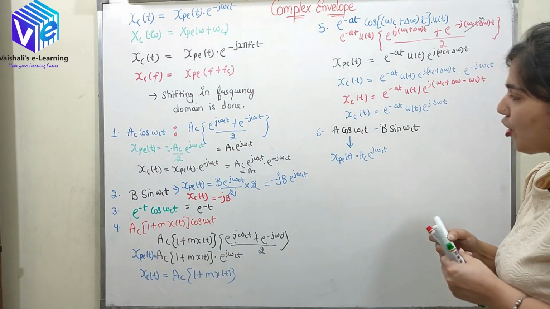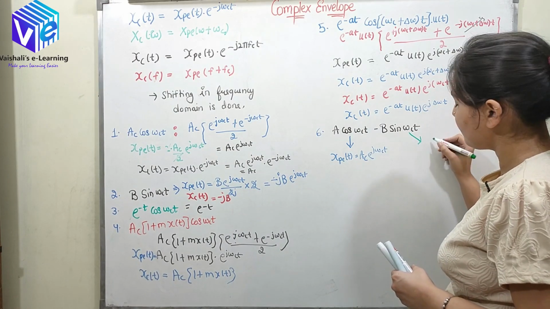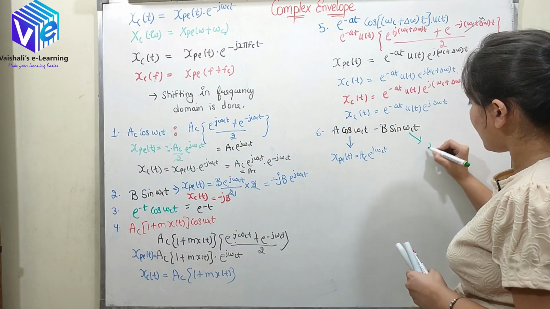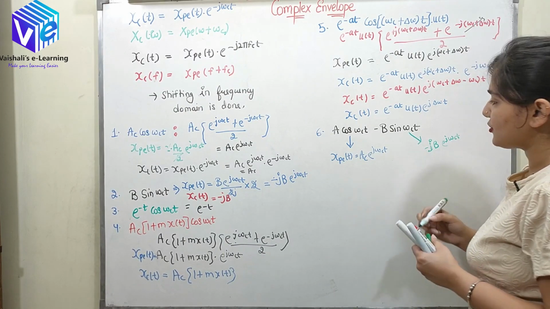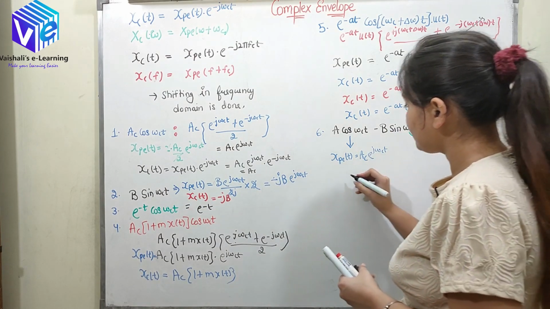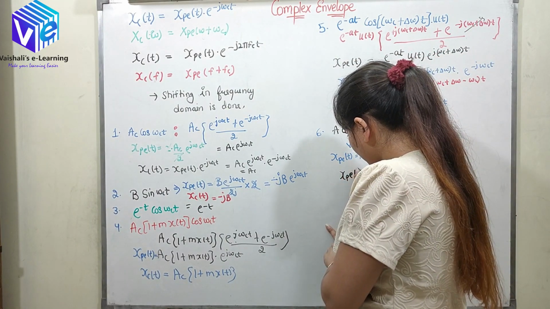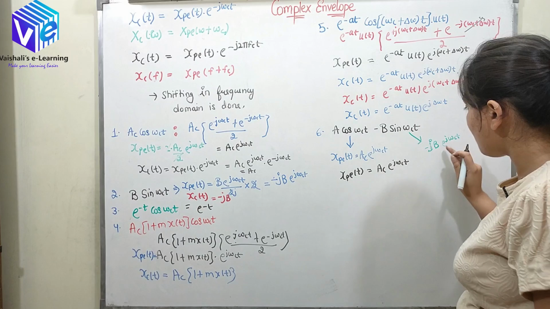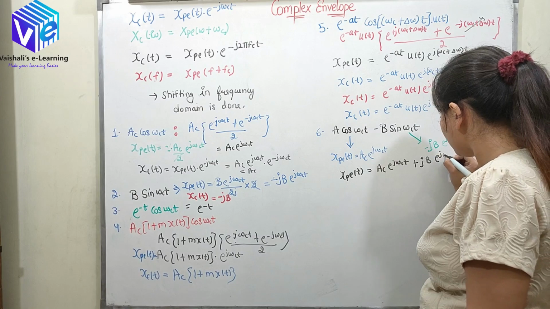So this is the pre-envelope of a cos ω_c t, and b sin ω_c t will have the pre-envelope, which I can represent as minus jb e^{jω_c t}. So now I know the pre-envelope of both of them, so I can subtract them. So x_p(t) would be A_c e^{jω_c t} minus of minus jb, so here I will have plus jb e^{jω_c t}.